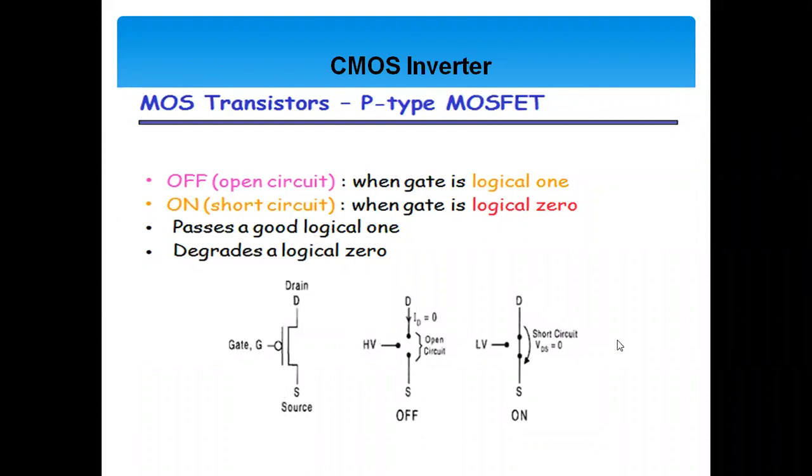PMOS is capable of passing a good logic 1 and degraded logic 0, as it is naturally referred to as a normally on transistor.